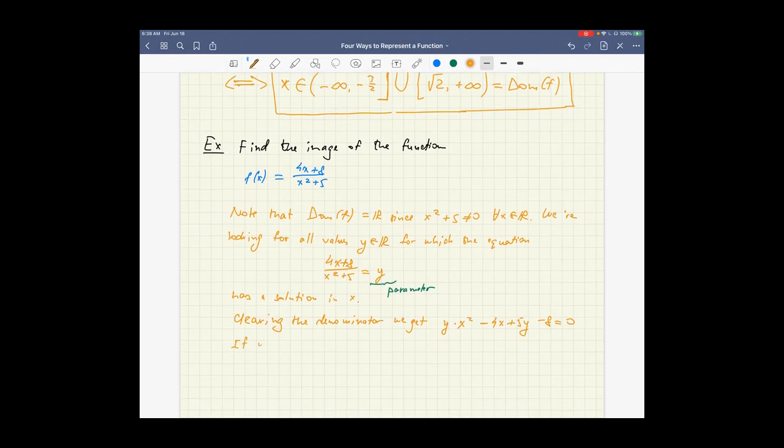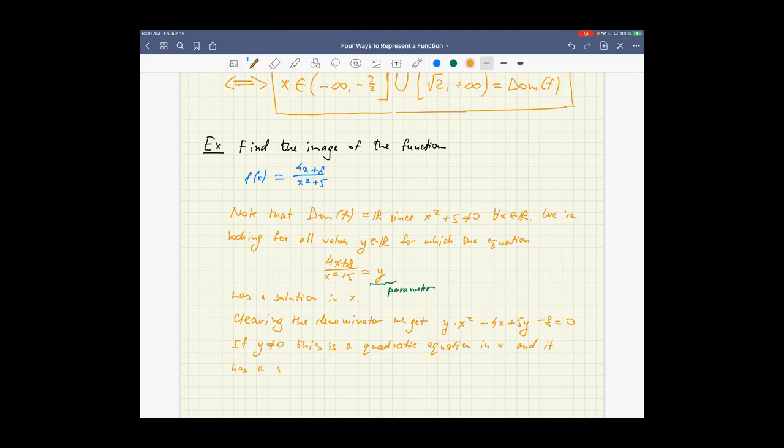So if y is not 0, this here is a quadratic equation in x. And as we know, a quadratic equation has a solution if and only if the discriminant is non-negative.